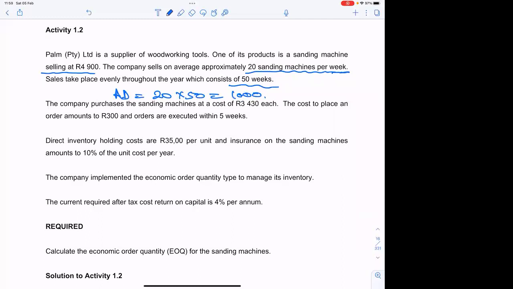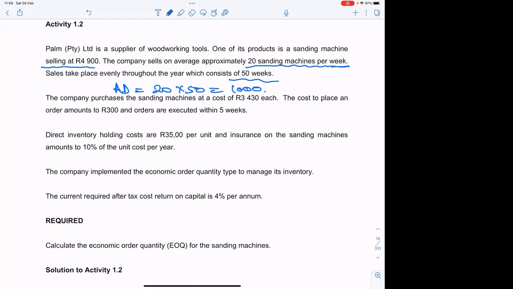The company purchases the sanding machines at a cost of 3,430 each, and the cost to place an order amounts to 300, and orders are executed within 5 weeks. Please take note, when they are saying that the orders are executed within 5 weeks, it simply means this is the time between the ordering and the time they will receive.